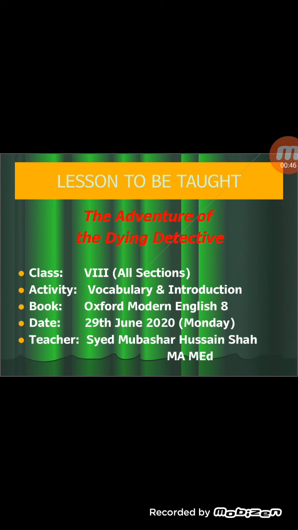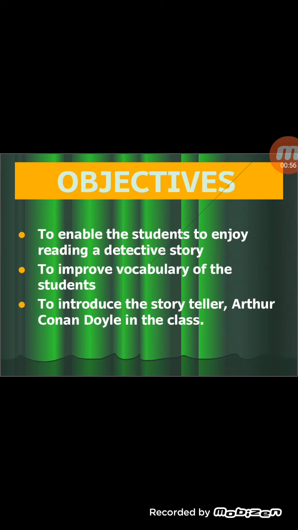This lesson is from Oxford Modern English, Book 8, and your teacher Sayyid Mubashir Hussain Shah is here for you. The main objectives of the lesson are: number 1, to enable the students to enjoy reading a detective story; number 2, to improve the vocabulary of the students and to introduce the storyteller, the great storyteller Arthur Conan Doyle.